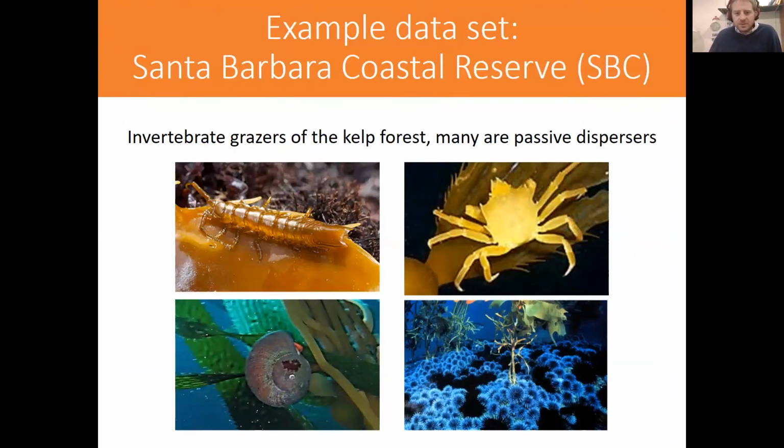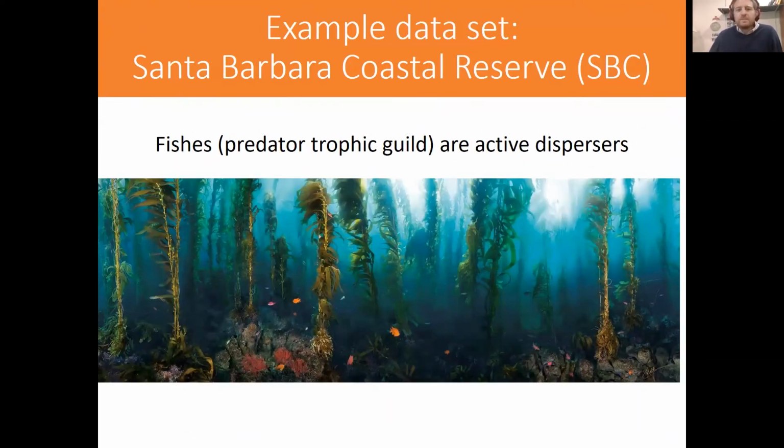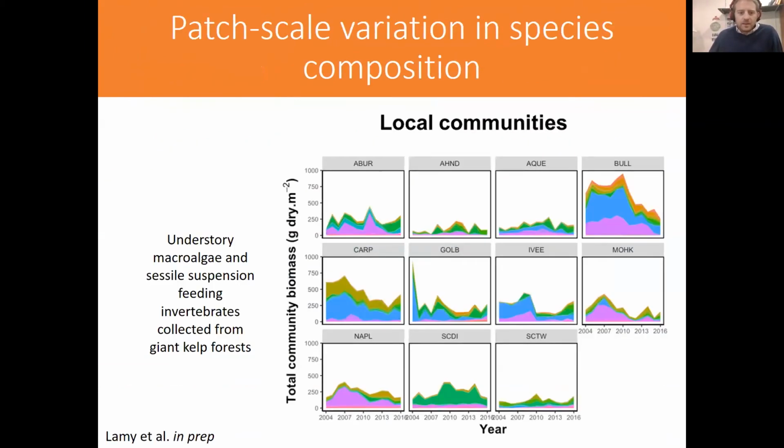In these systems, the data that we're using have biodiversity for invertebrate grazers, many of which are passive dispersers. We also have data for fishes. So this is a predatory trophic guild, and many of these are active dispersers. For these data sets, they look somewhat like this, where we have total community biomass at each site.